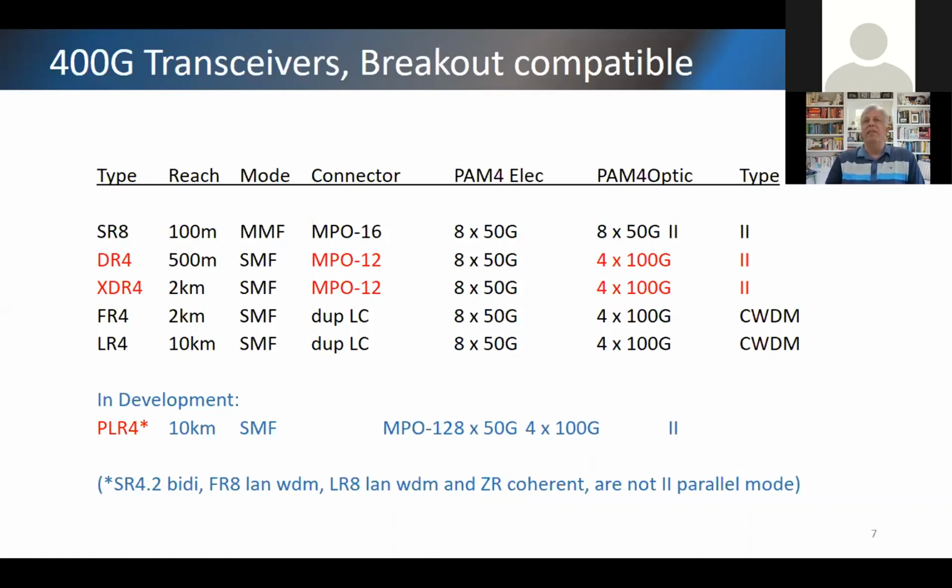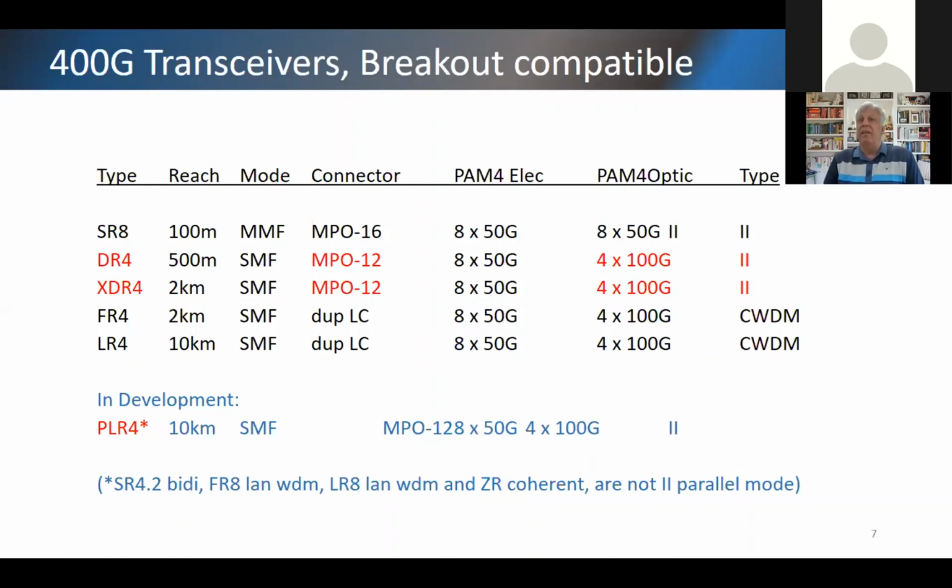But the difference is that we can use a different connector, an MPO12, and it mimics the same thing as the electrical side is still 8 by 50, but the optical side now is going to be 4 by 100 sent in a parallel mode instead of muxing or multiplexing the signal.